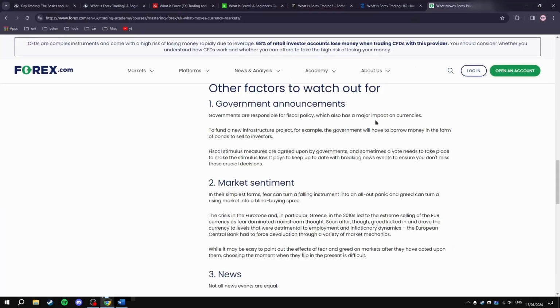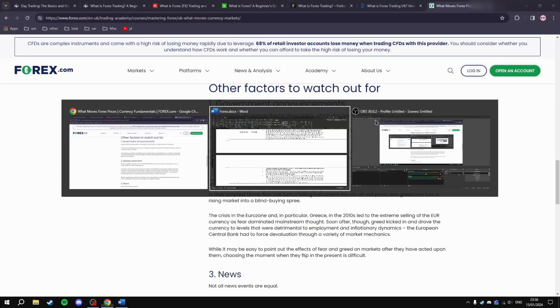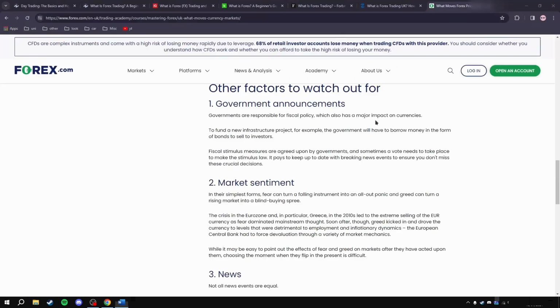To fund a new infrastructure project, for example, the government will have to borrow money in the form of bonds to sell to investors. Fiscal stimulus measures are agreed upon by governments, and sometimes a vote needs to take place to pass the stimulus law. It pays to keep up to date with breaking news events to ensure you don't miss these crucial decisions.